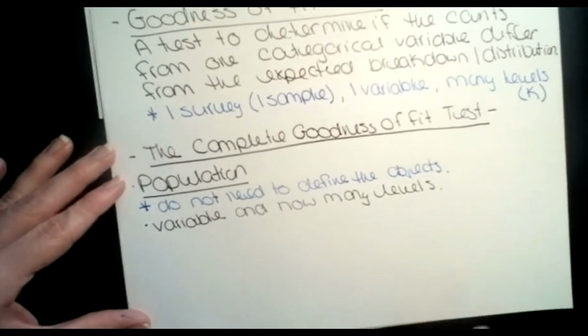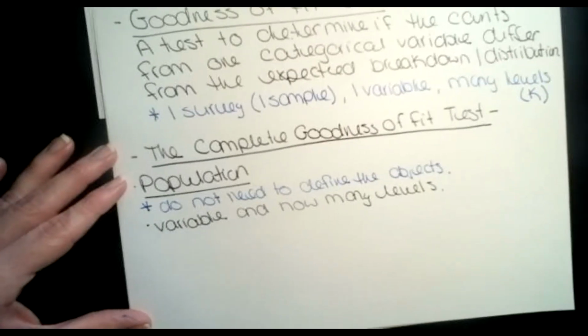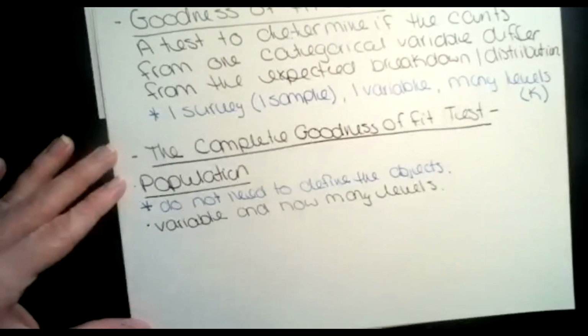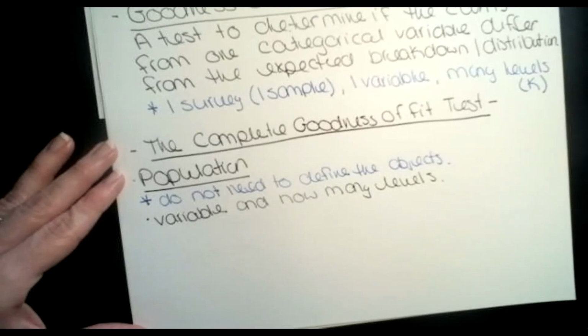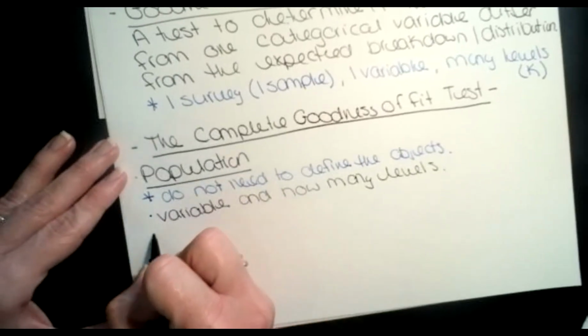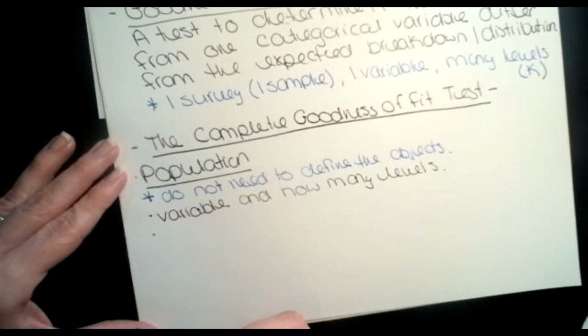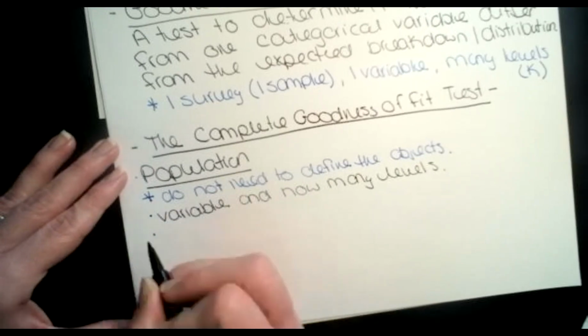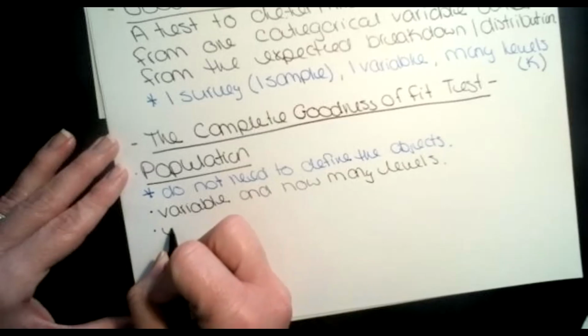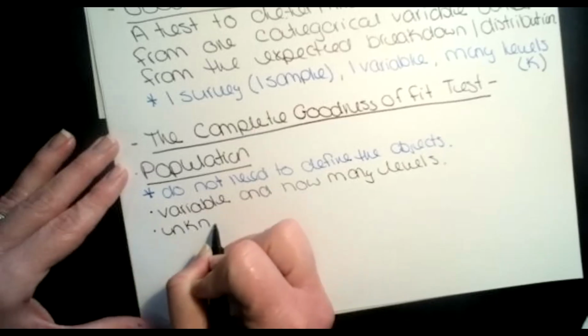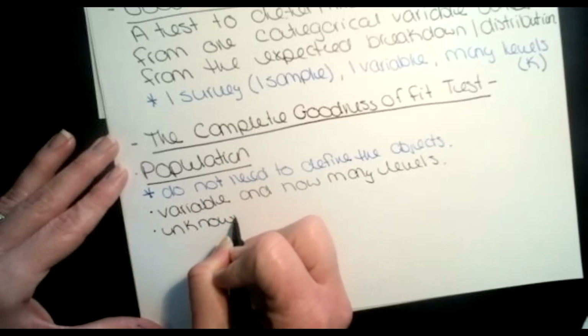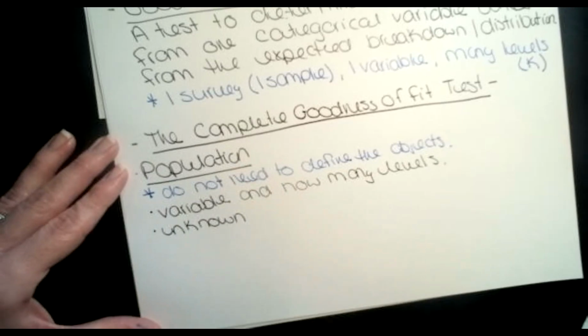It doesn't have to be; it could be a phrase or a statement. You're just going to say, okay, 4 levels, or 5 levels, or 3 levels, whatever it is. Remember, that's how many ways something could be answered, and you'll know it; it's not a guessing game. Of course, we also want to identify the unknown for the problem.